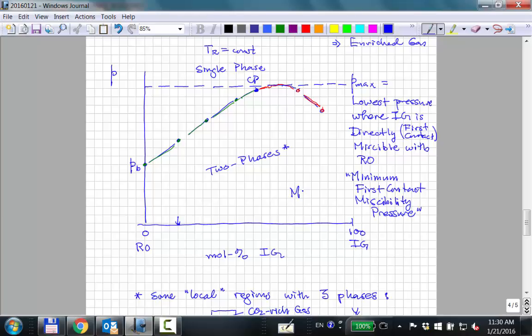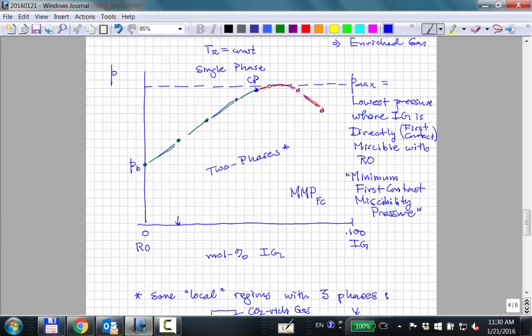I'll write it MMP for minimum miscibility pressure, first contact, subscript. Okay? That is defined by this pressure composition diagram.